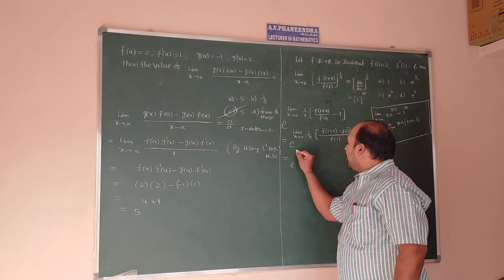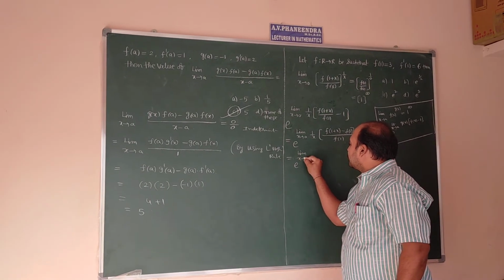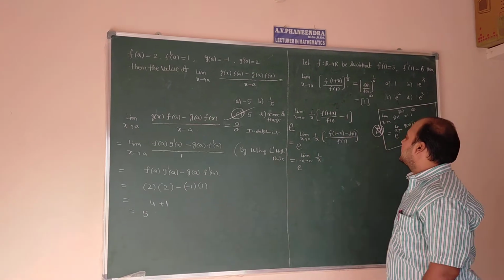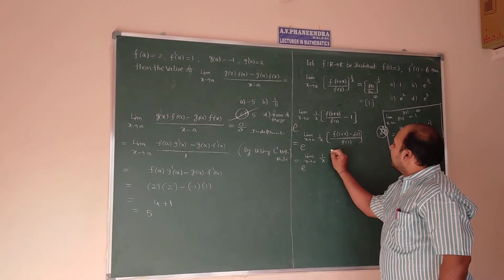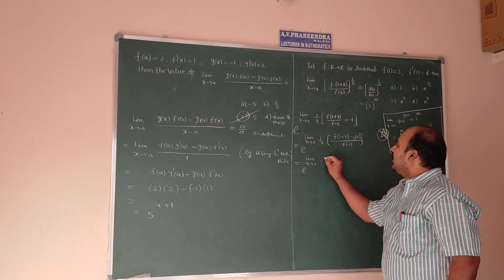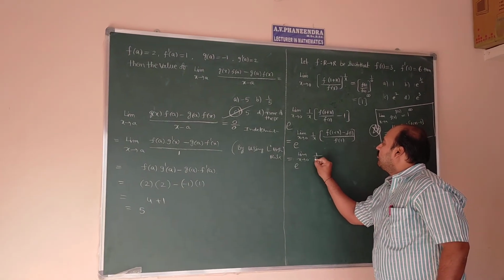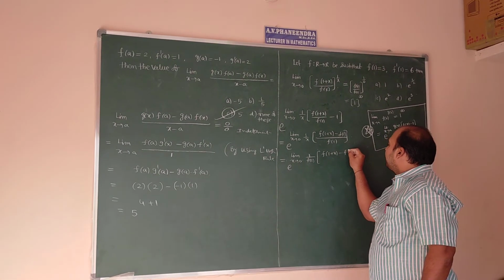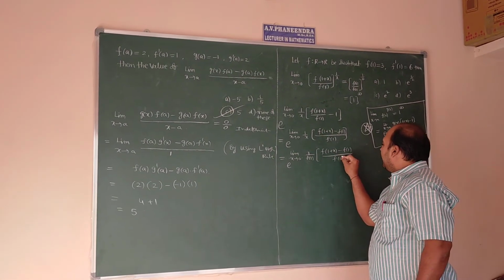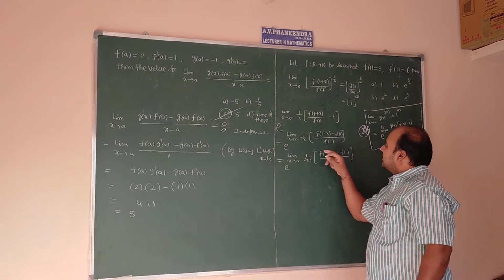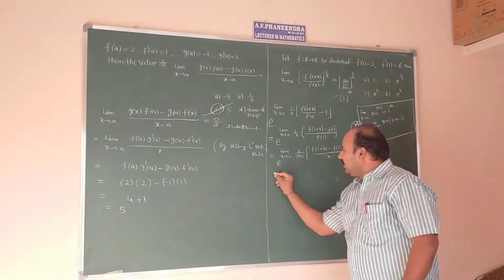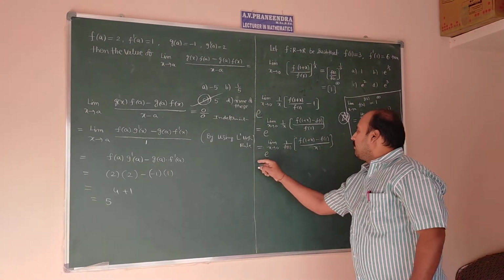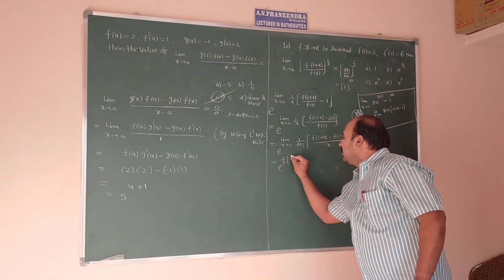Now e power limit x tends to 0, 1 by x, after that we will write 1 by f of 1, we can take outside, f of 1 plus x minus f of 1 divided by x. After that, e power f of 1 value we have, it is 3. So 1 by 3 constant you can take outside.